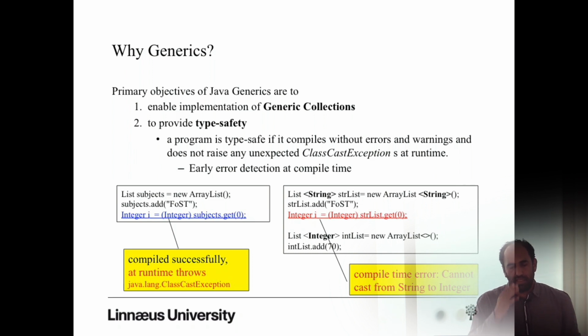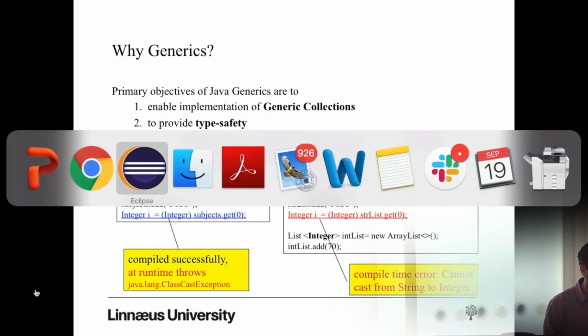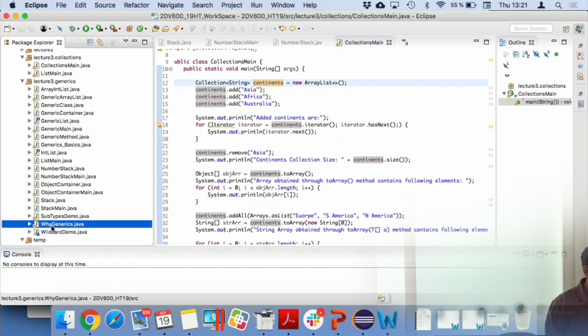And there is another reason: if you don't use generic features, you might have incompatible data types in your code, but your compiler does not complain. It's easy to see with an example. So let's see, I already have a code here.